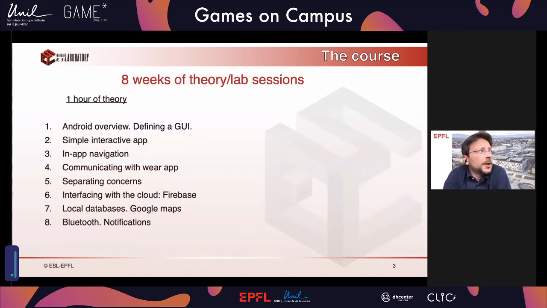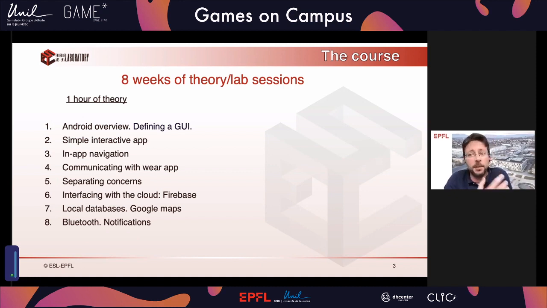So the course is organized in 2 parts. In the first part, we have 4-hour sessions, 1 hour of theory and 3 hours of labs. In the 1 hour of theory, we cover different topics related to developing an Android app.